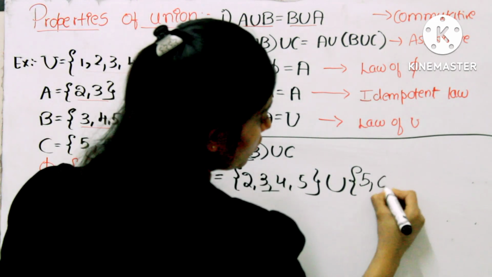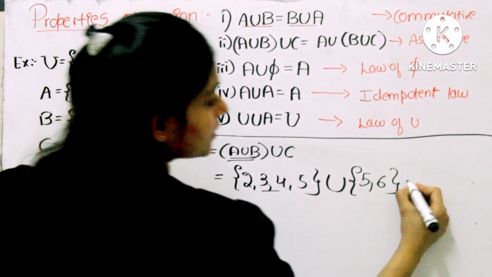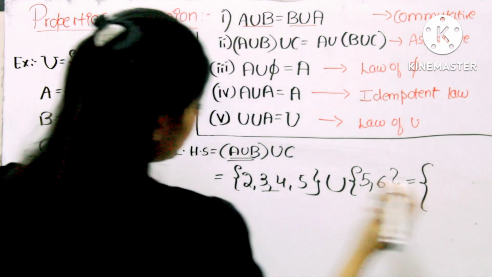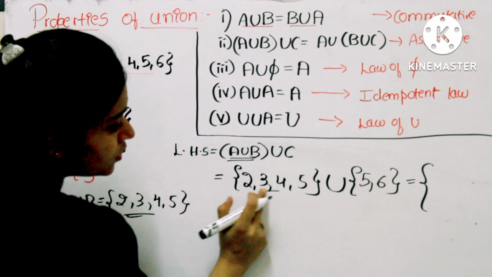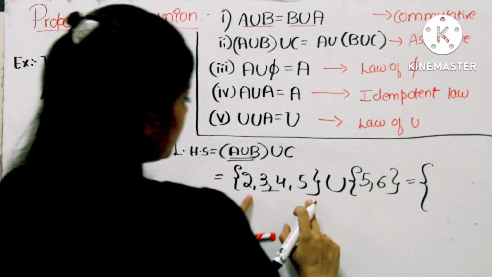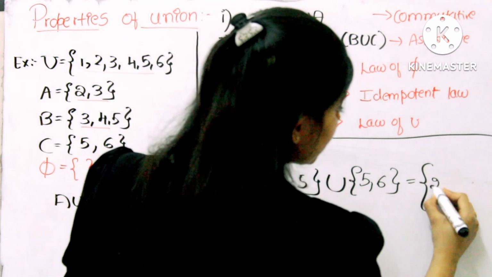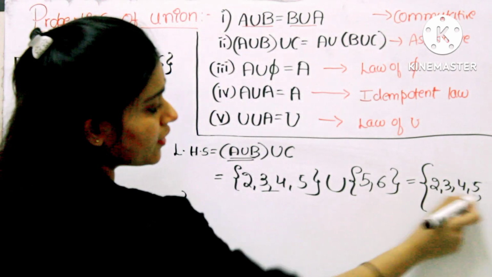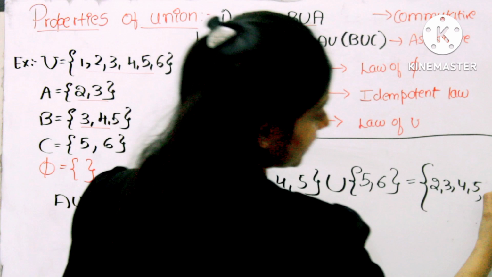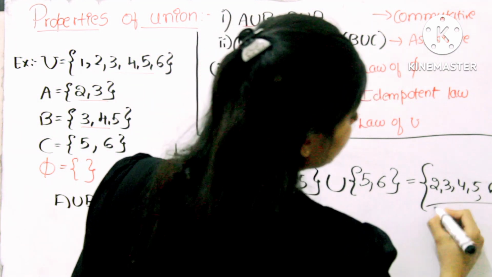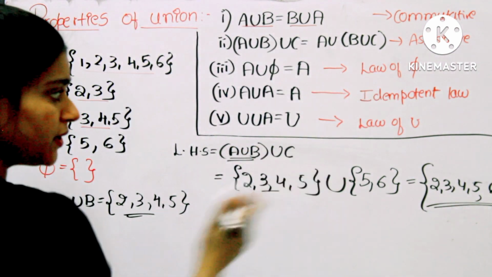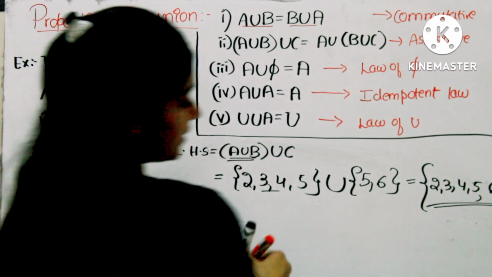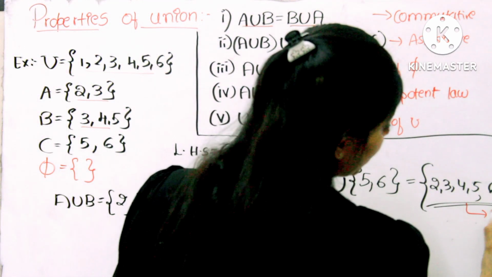So write 5, 6. What is the answer then? Write all the elements in A union B: 2, 3, 4, 5. And 5 is repeated, no need of writing again. Then what is remaining? 6. So this is A union B union C. Take this as equation 1.